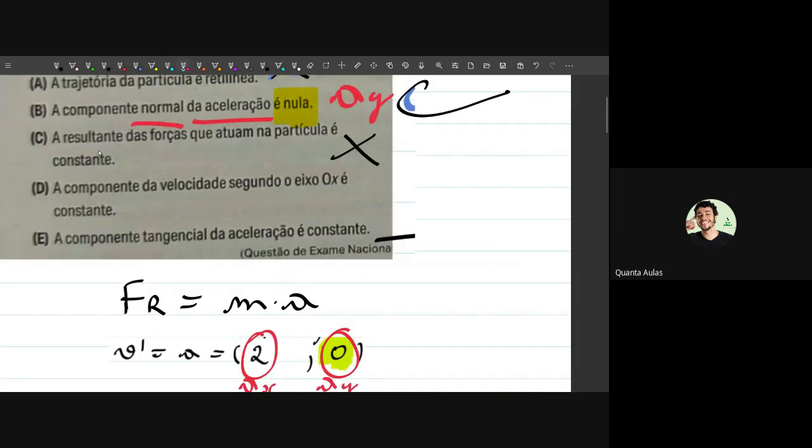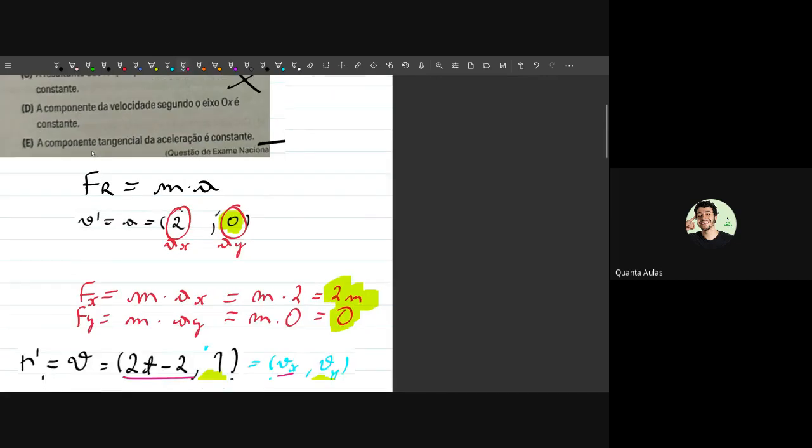Let's read again the letter D. The velocity component in the x-axis is constant. What do you think about it? Is it right or is it wrong? Is the velocity constant or not constant?